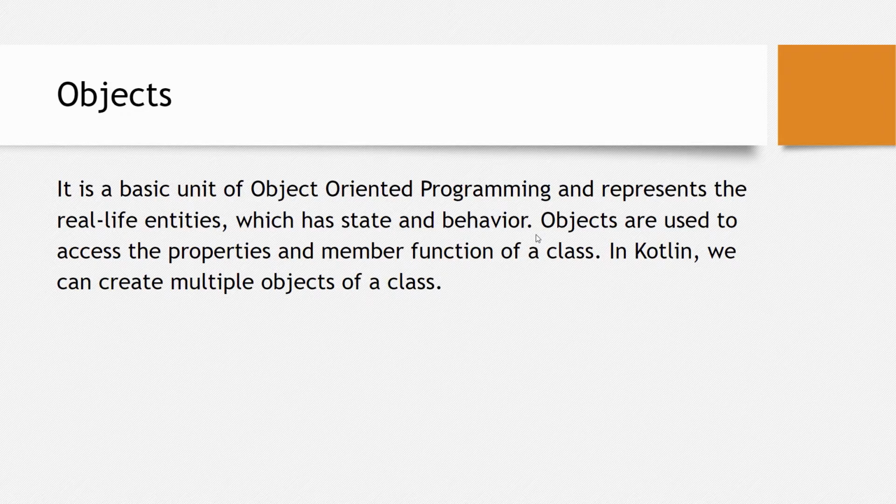So in Kotlin, using the class, you can create some objects, and those objects have real entities or behaviors or variables. You can access the class member functions and the properties with the object.